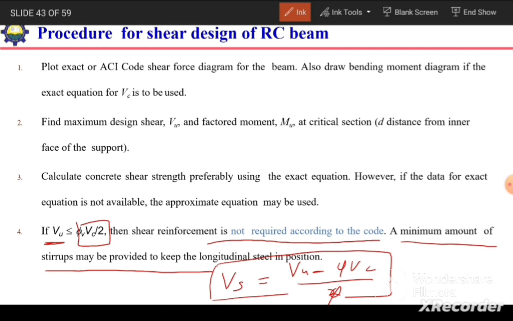If Vu is less than φVc divided by 2, in that case no shear reinforcement is required, so Vs will be equal to 0. And if Vu is more than φVc divided by 2, then the Vs, or the shear resistance to be provided by the shear stirrups, can be calculated by using this expression.